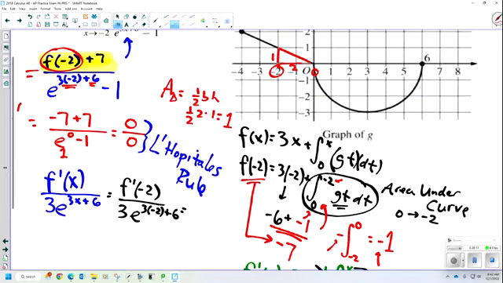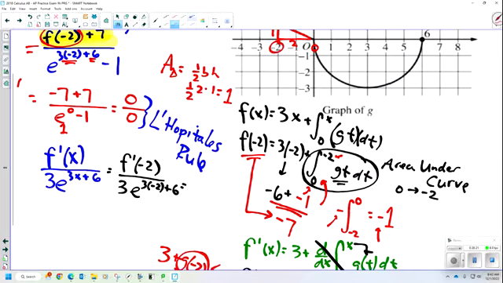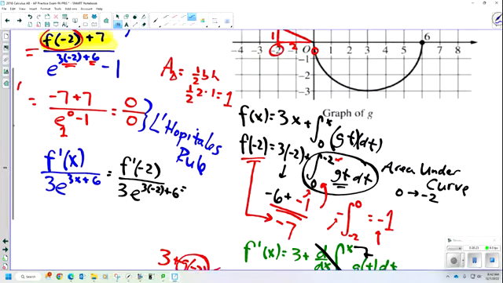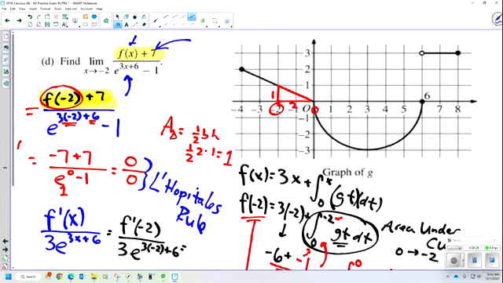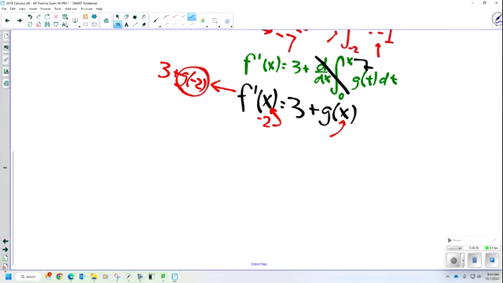Let's go all the way up here. I really hate when the board does that. But what are you going to do? When x is -2, here's the point. The y value is 1. So g of -2 is 1. So I'm going to put a 1 here.